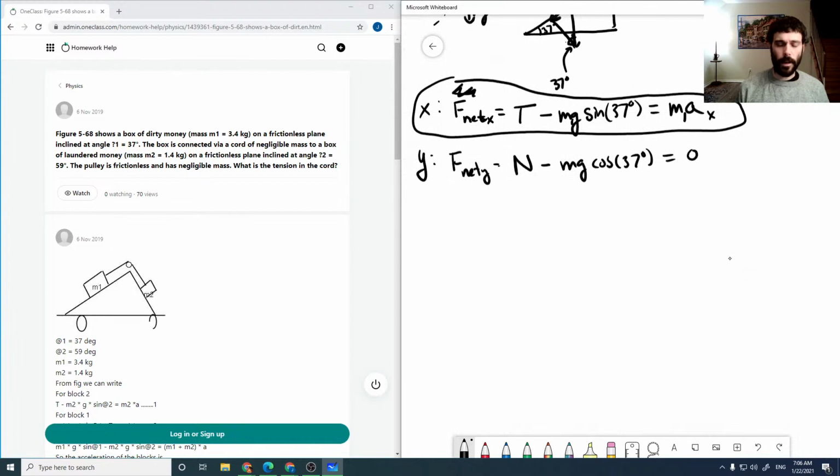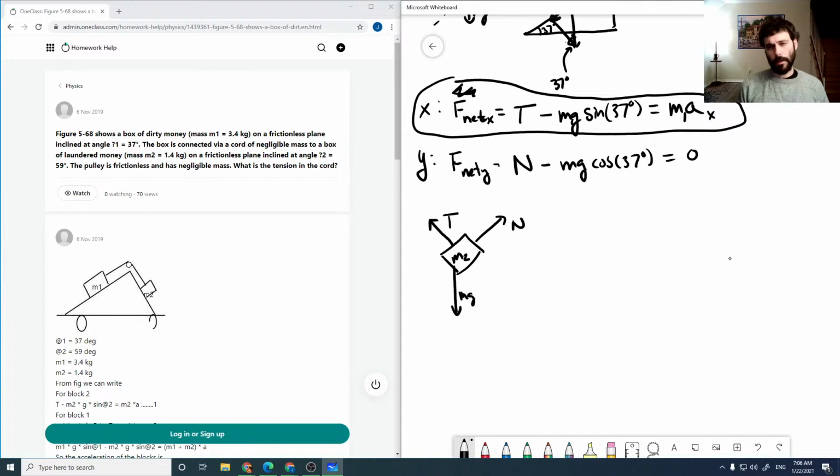So now if we look at the other mass, our M2 mass, and we draw our free body diagram, we have our tension and our mg force and our surface normal.